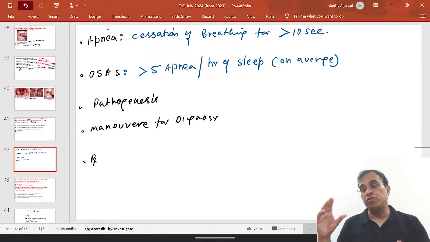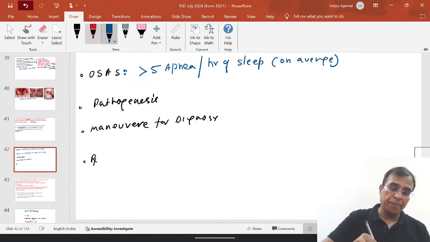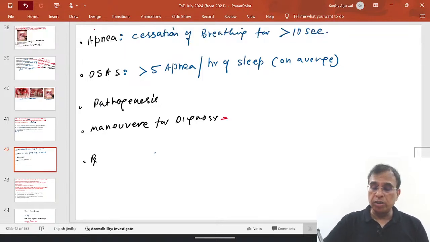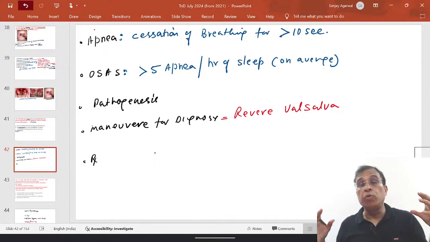Polysomnography is the investigation of choice that is going to diagnose this disease. But you can do a maneuver called reverse Valsalva. In Valsalva, we block the nose and mouth and try to blow.